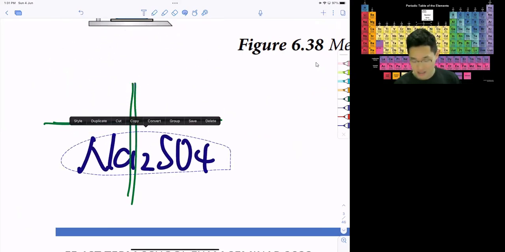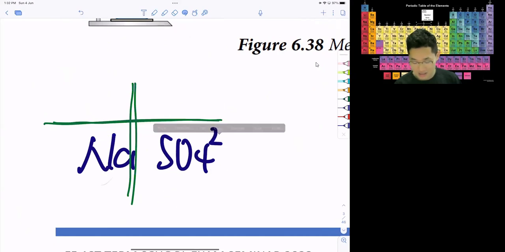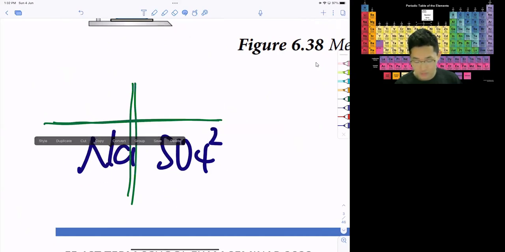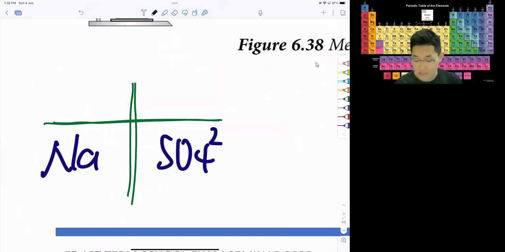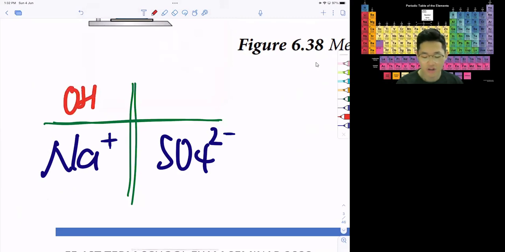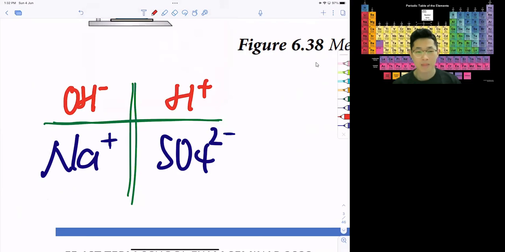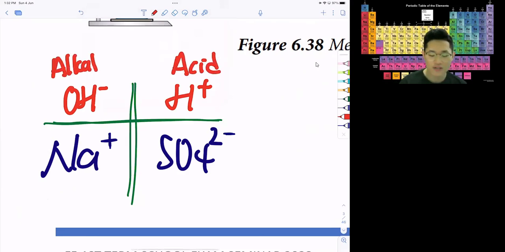two ions. First, I split them into two ions. And then, on top, I write OH, H. Acid has H+. Alkali solution can always find OH.